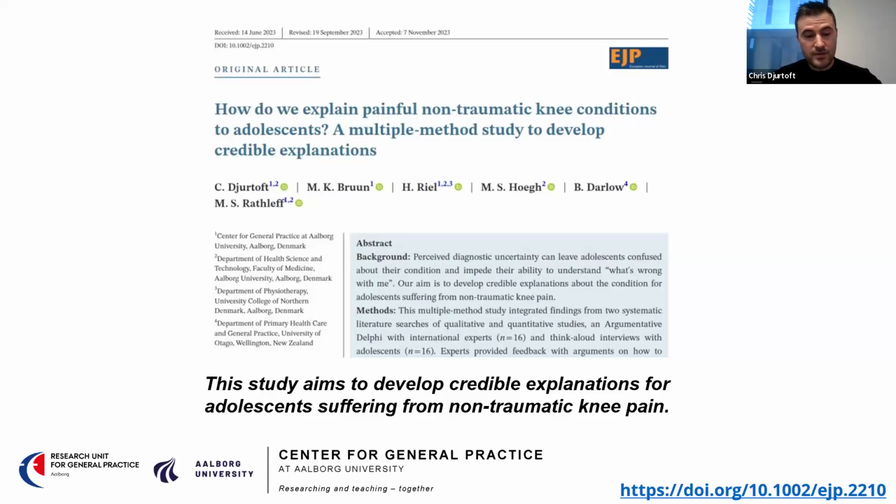And this initiated a lot of discussions on the credibility, but also the effectiveness of the explanations that we provided, but also the explanations that healthcare professionals provided in their daily clinical setting. Therefore, our project aimed to address some of these challenges.